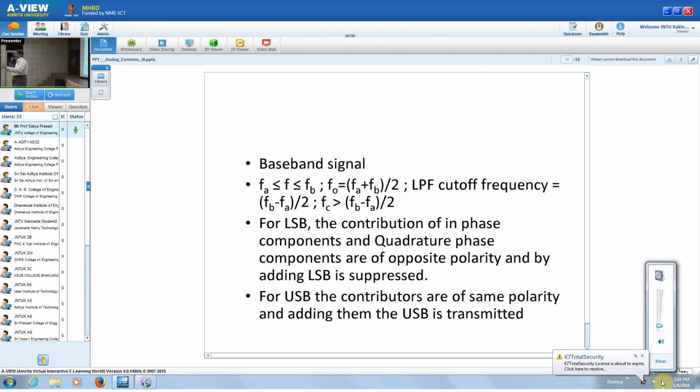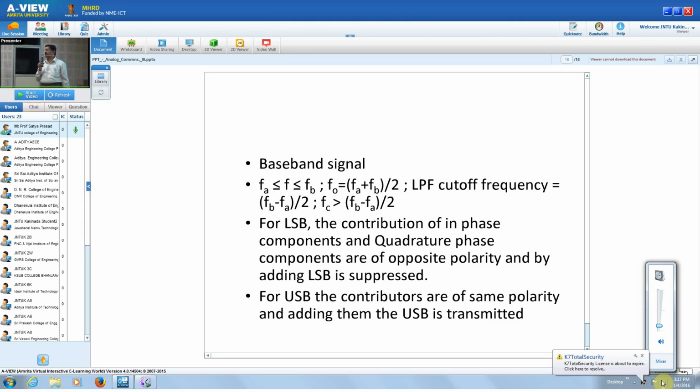And FB we are designing such that it satisfies this criteria. Once you have this, then with plus and minus we are going to get the required USB or LSB signal. You can go through the entire derivation to show that this gives you the required SSB time domain signal with these FA and FB frequencies.